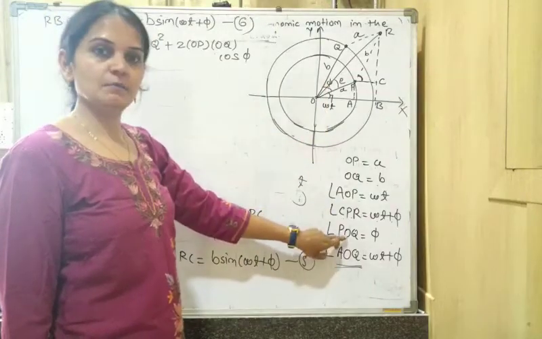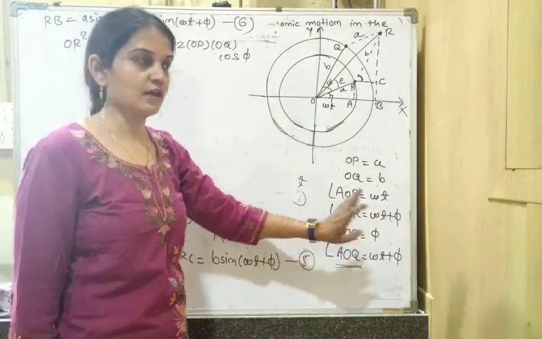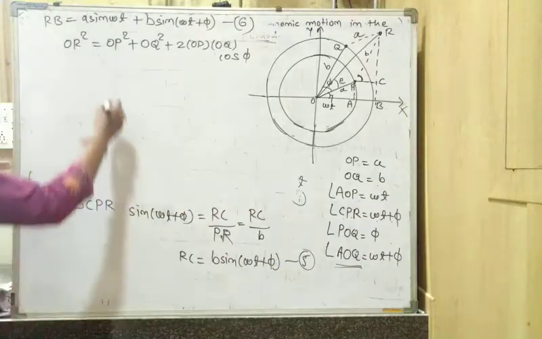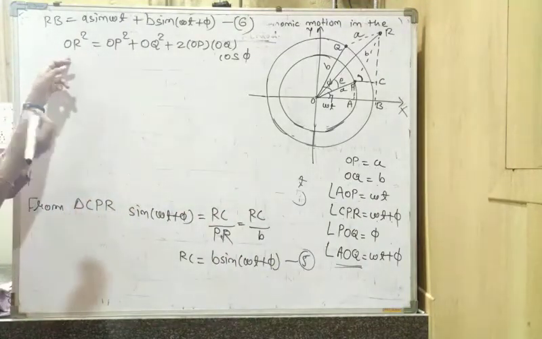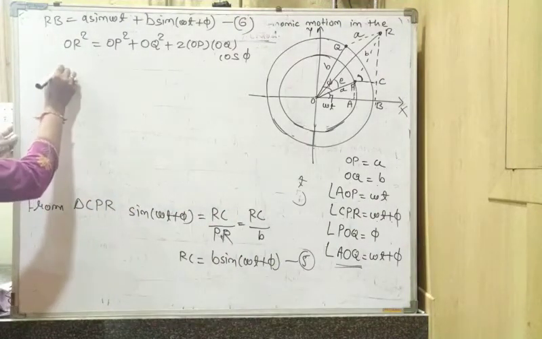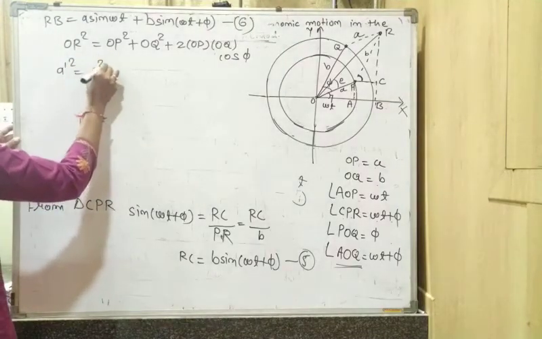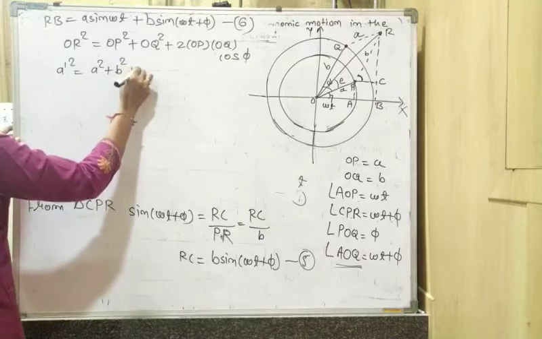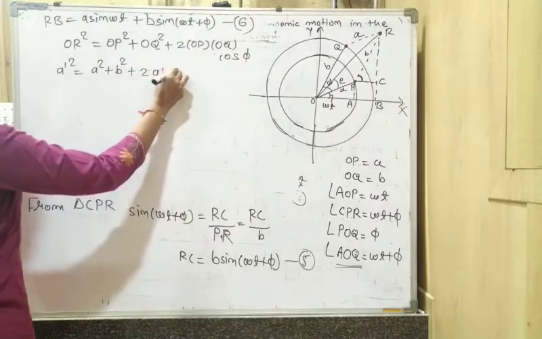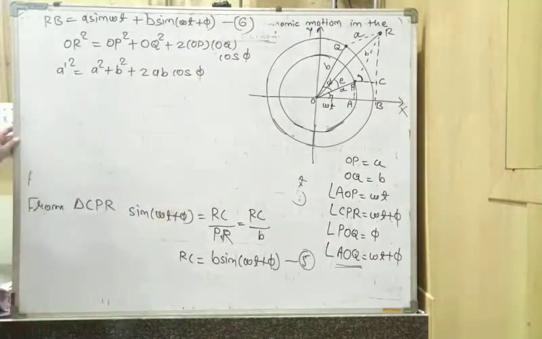Suppose the resultant is A dash. So A dash square is equal to A square plus B square plus 2AB cos phi.